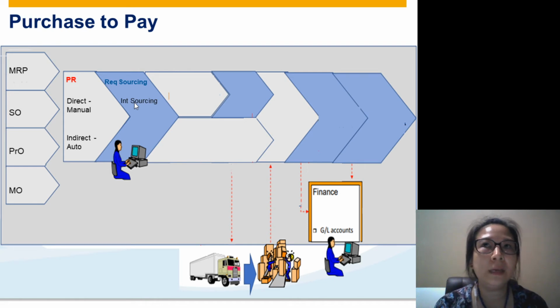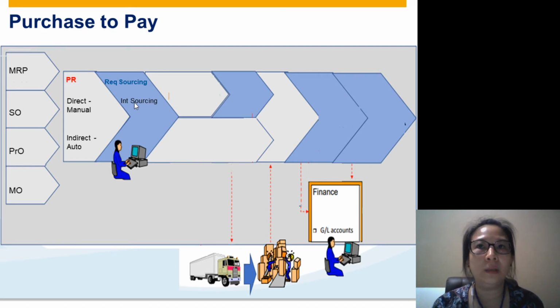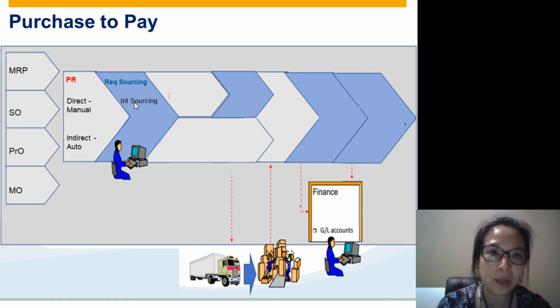And let's say again Indomie needs oil. The oil will be produced by Bimoli, which is also a subsidiary company of Indofood. That's what we call internal sourcing. So we list down whether our company or our subsidiary company can fulfill our needs.